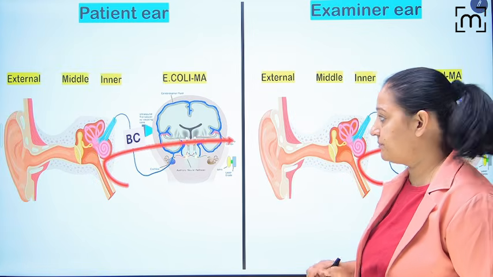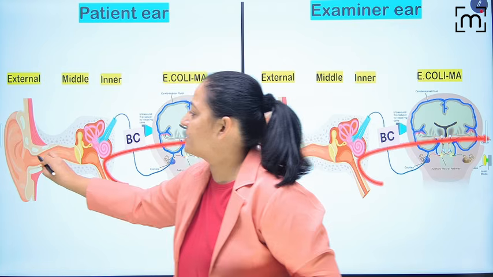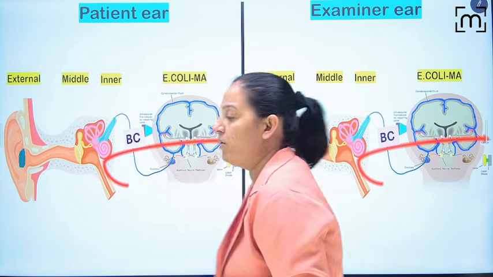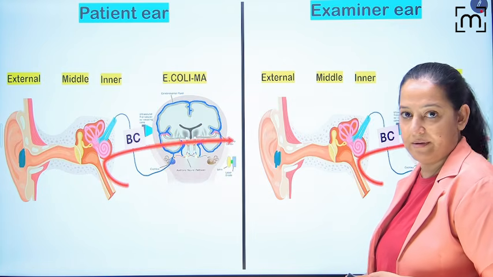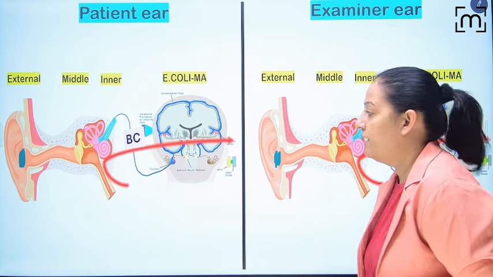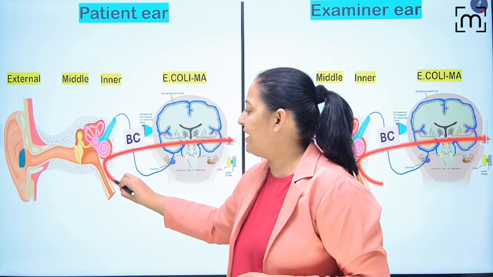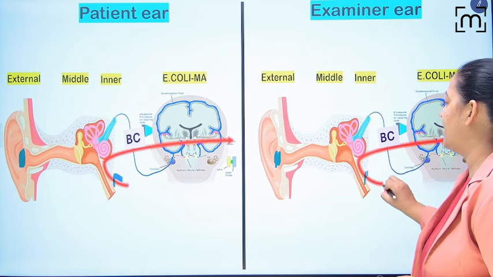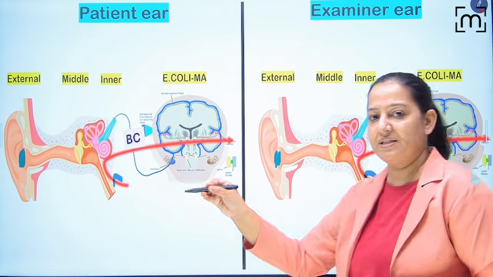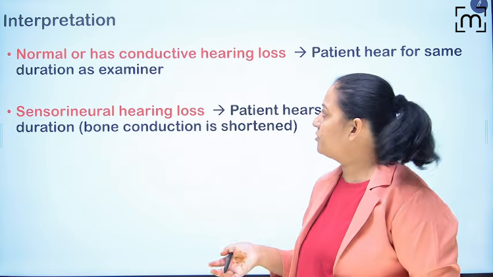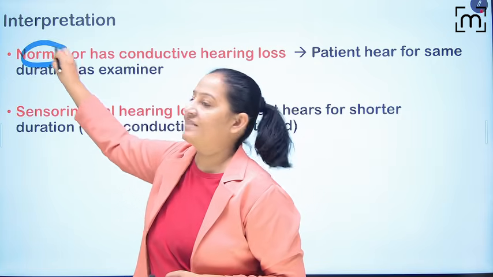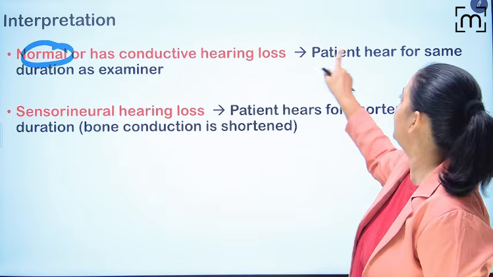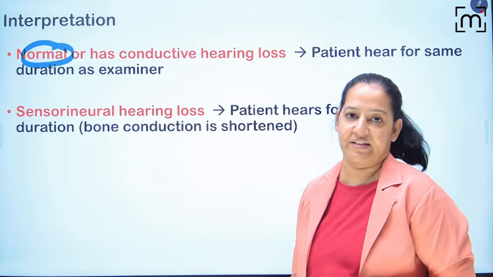Number one, we are closing the tragus of both of them. If BC of the patient is equal to BC of the examiner, it's normal. The patient says I can't hear, and I also can't hear. So in normal, both of them have the same BC, the patient having the same duration as the examiner.